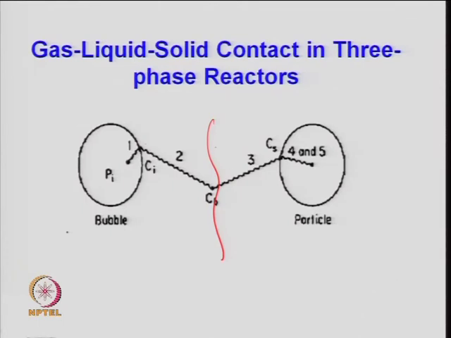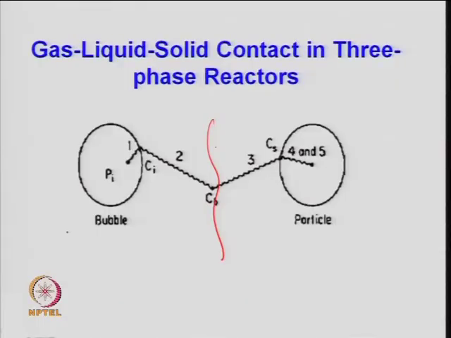So, reaching the surface of the solid is again a mass transfer. So, the mass transfer coefficient at the surface of the solid, times the surface area per unit volume of the catalyst, which is inversely proportional to the diameter of the solid particle.